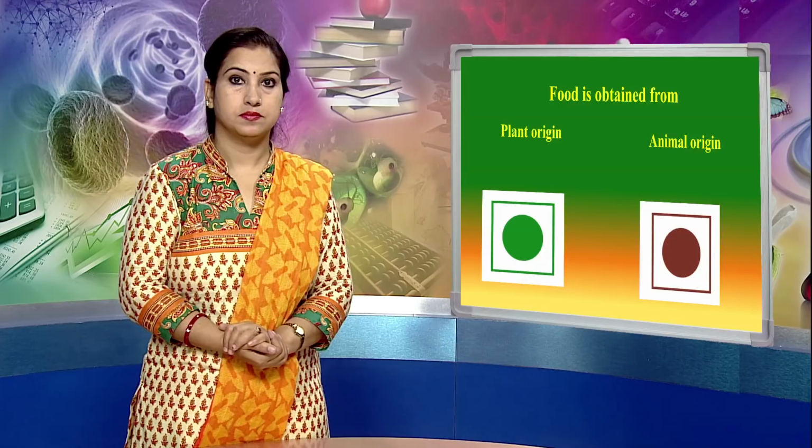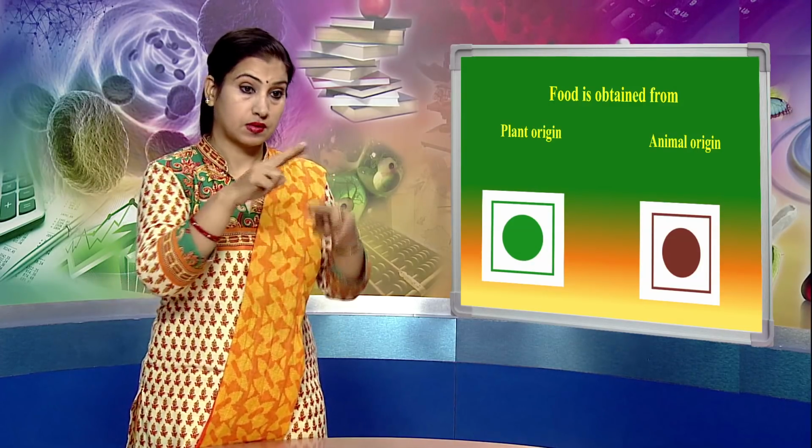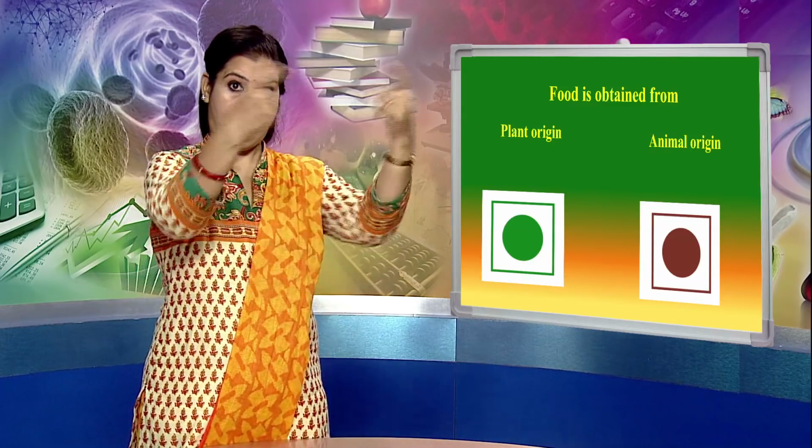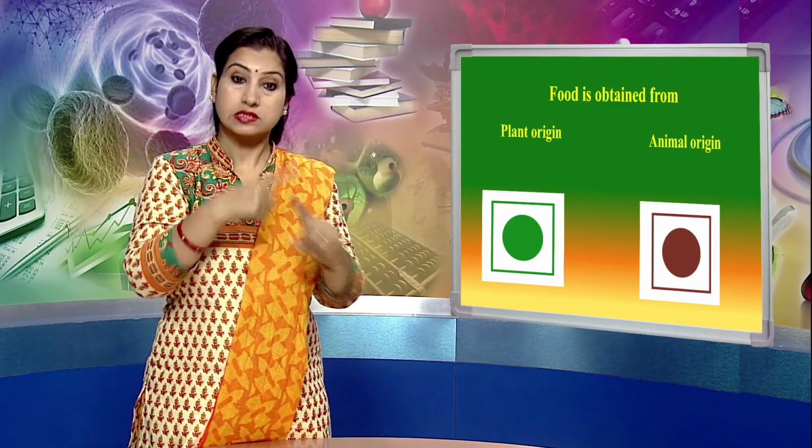You must be knowing we get food from different sources like fruits and vegetables from plants and eggs and meat from goat, chicken, etc. Therefore, according to the sources and origin of food, we divide the food groups into mainly two parts: food obtained from plant origin and animal origin.